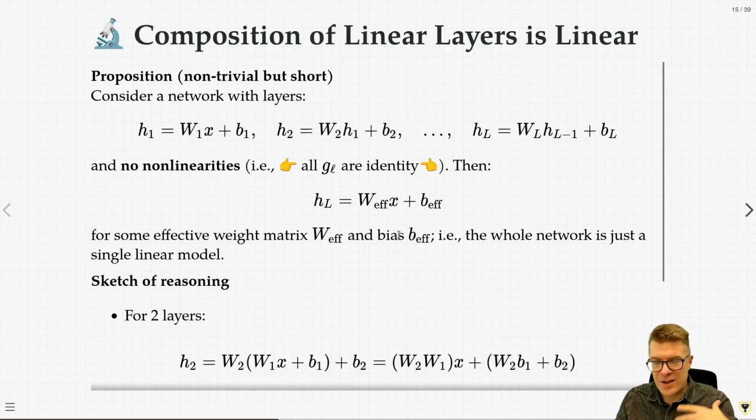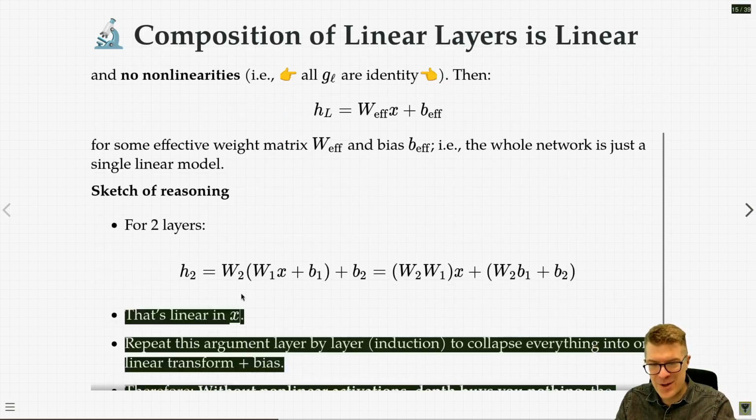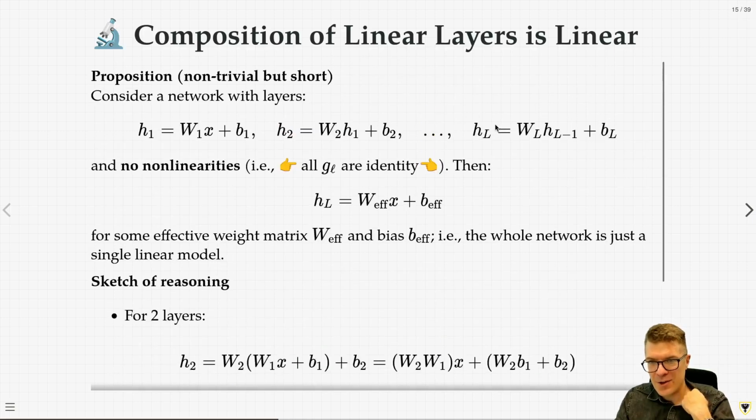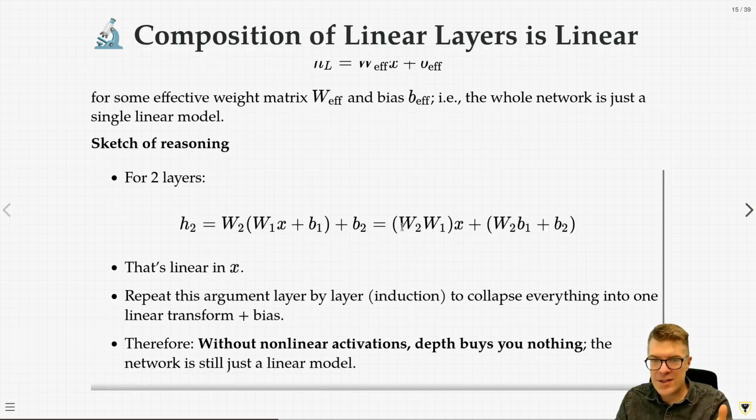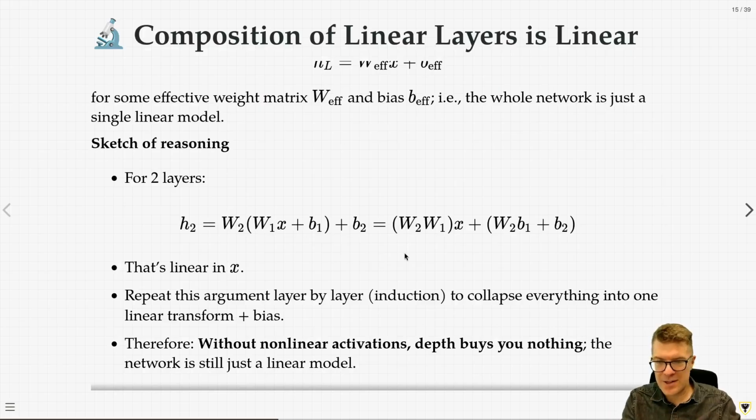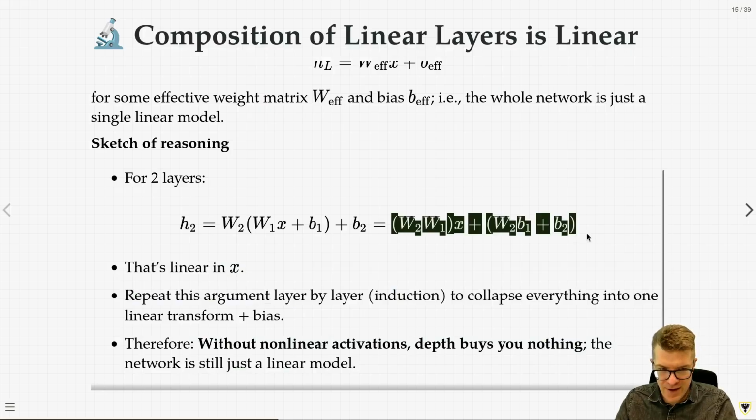And you can just see, I'm jumping a step here, but just continue this line of reasoning all the way to the end of the final layer. You're just going to end up with a bunch of matrix multiplications times x plus some matrix multiplications plus a vector. Everything will collapse into nothing more than a linear function and you have gained nothing, okay?